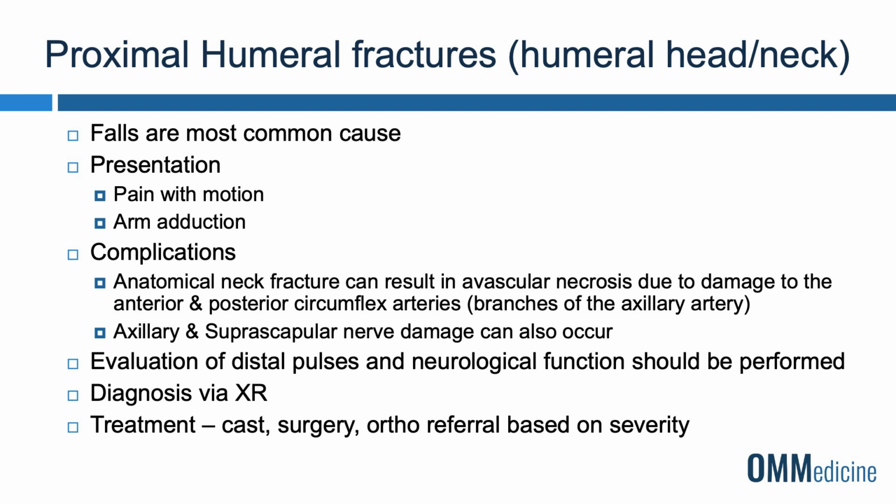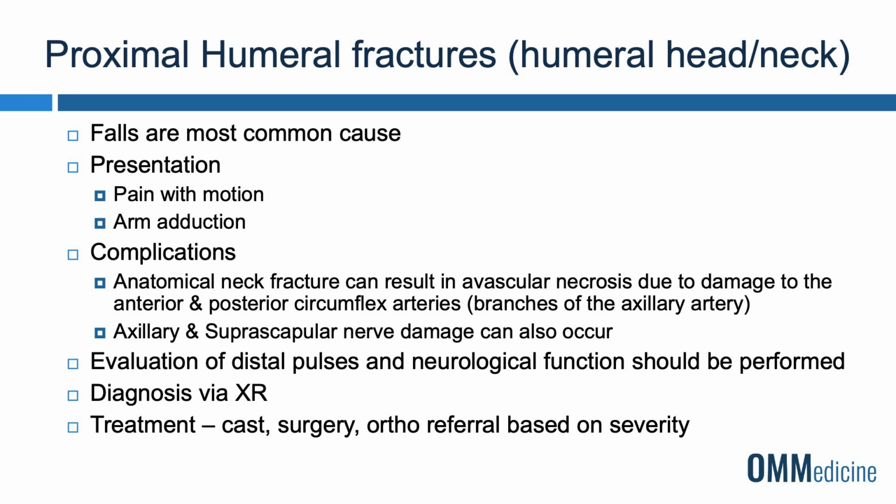So it's very important that you remember the names of the two arteries we just mentioned, the anterior and posterior humeral circumflex arteries. And it's also important that you remember that avascular necrosis is a common complication of a proximal humeral fracture. And one other complication that may arise, but it's less common than avascular necrosis, is damage to either the axillary or subscapular nerves.